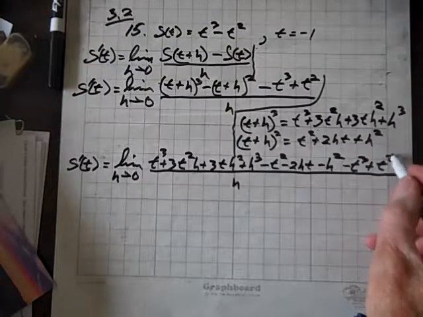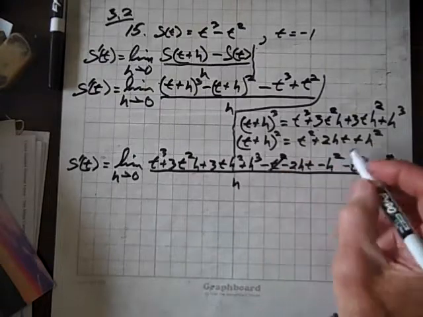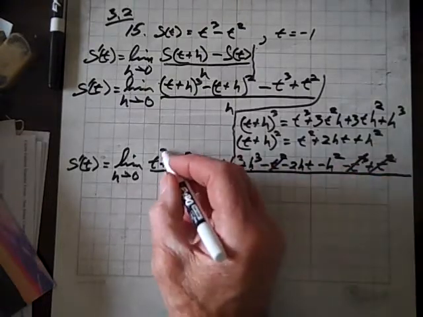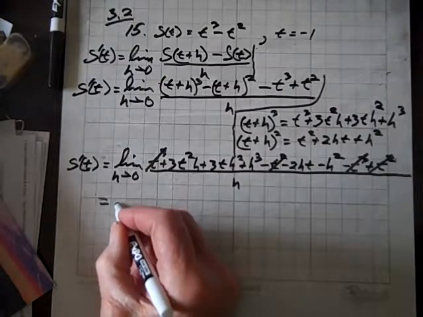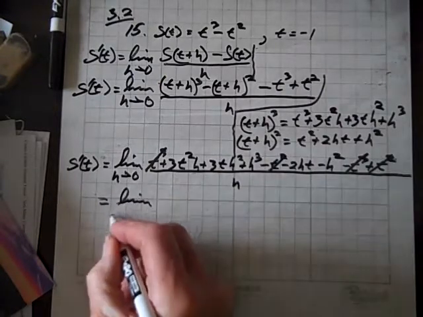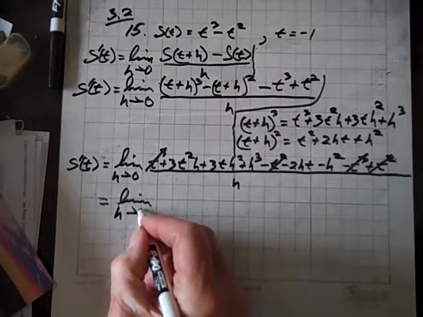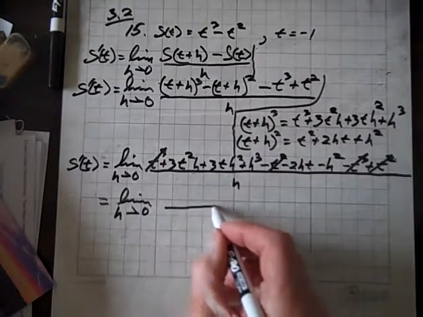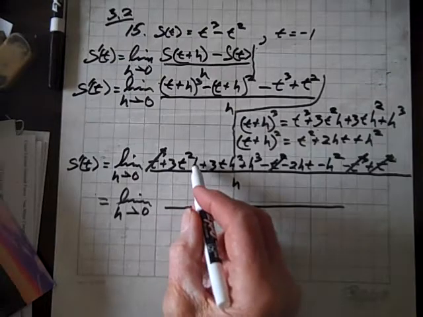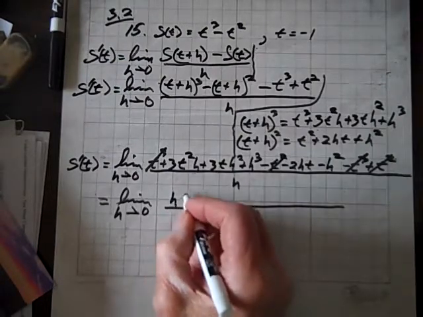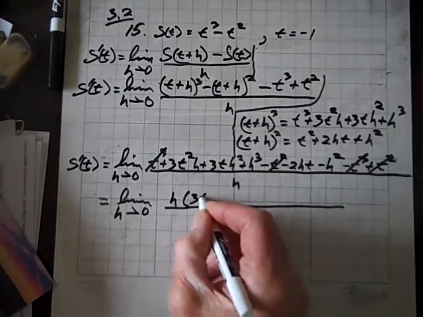And now the t squareds are going to add out, the t cubes are going to add out, and all the other terms in the numerator have a factor of h in them, so we'll factor that factor of h out. So we'll factor an h out of this term, and we have 3t squared.